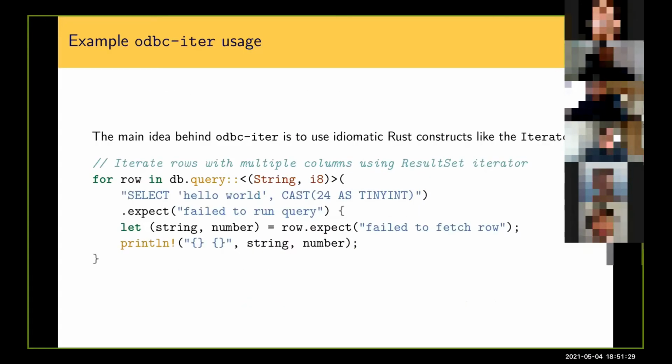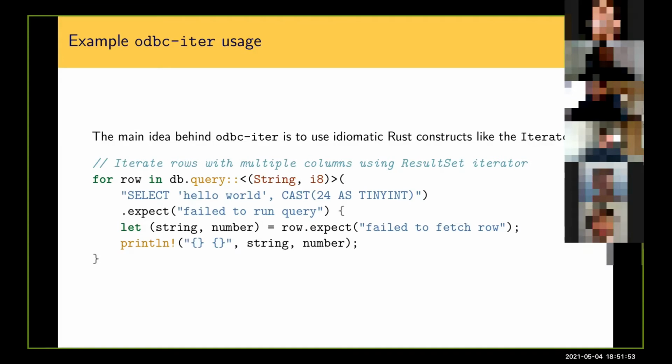This is an example from odbc-iter. You do the same direct query, and this is the text here. You can see mainly two different things. One is that I give the type of the whole row in the query, and I get a tuple of string and integer in this case.